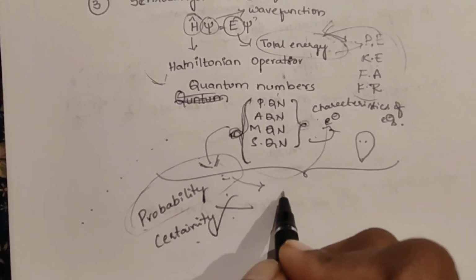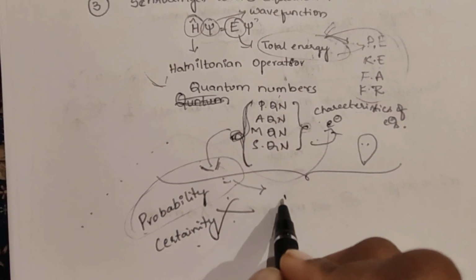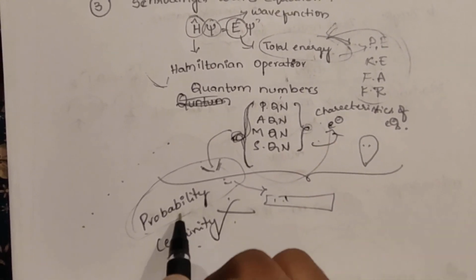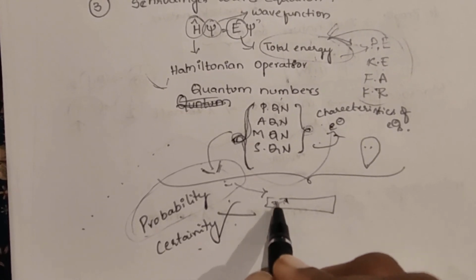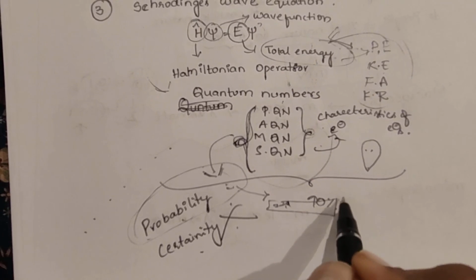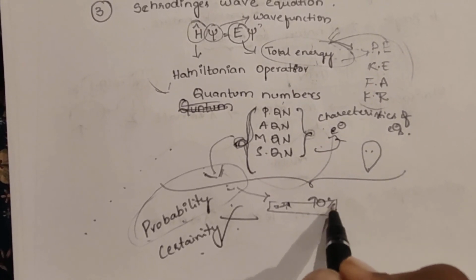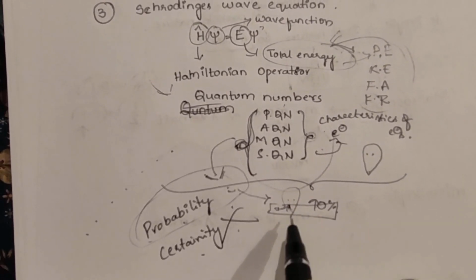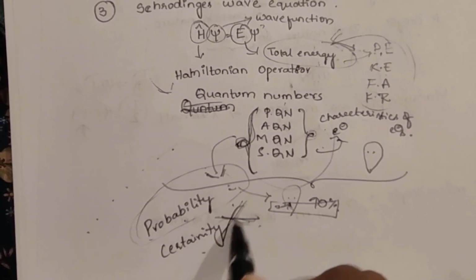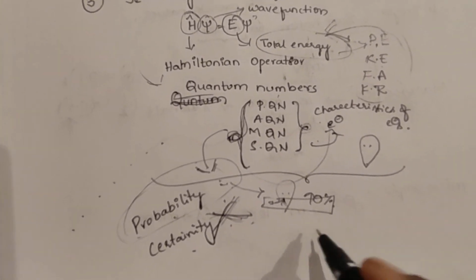It will not say the electron is present exactly here in this position. It will not give a statement. Rather, it will give the probability. Maybe the electron will be present here, 90% chance that the electron is present in this region, and it will not give the certainty.